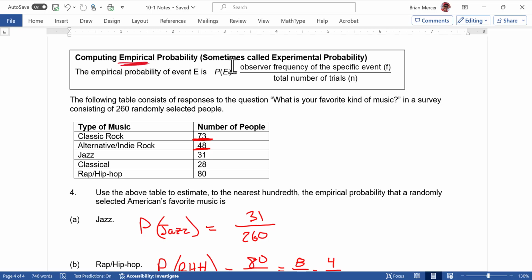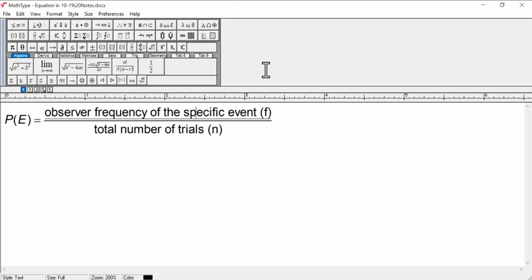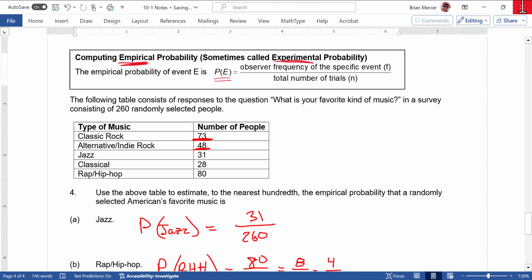But with empirical or experimental probability, you're getting your probabilities from a survey or data or an experiment. That's why it's sometimes called experimental probability. So in that case, the probability that the event occurs is the observed frequency of the event divided by the total number of trials, whatever the sample space is.